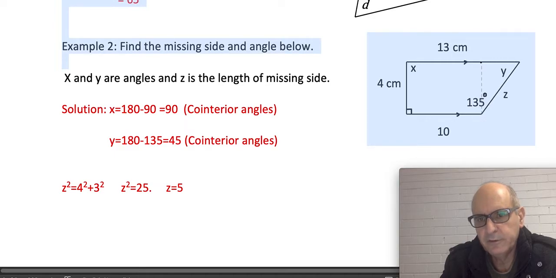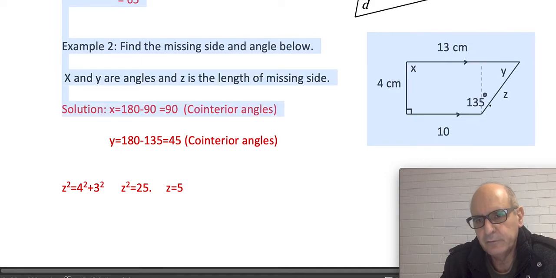Because this whole thing is 13 centimeters and that is 10 centimeters, 13 take away 10 gives you 3 centimeters. So this bit is going to be 3 centimeters, and because this is 4, this also will be 4. So 4 centimeters here, 3 centimeters here.